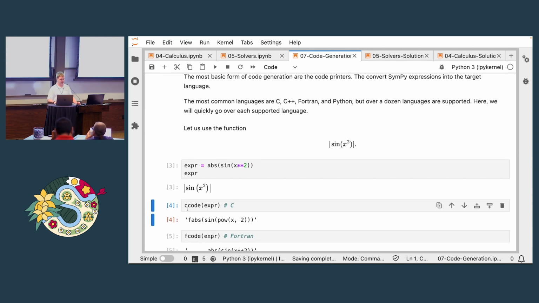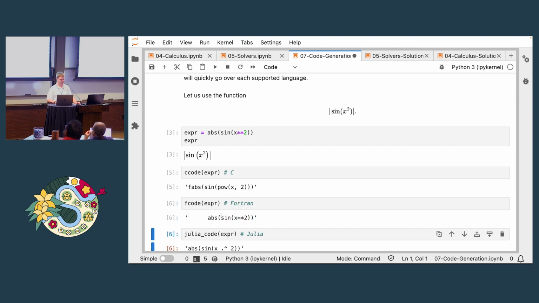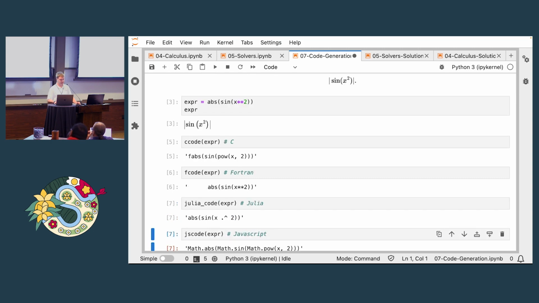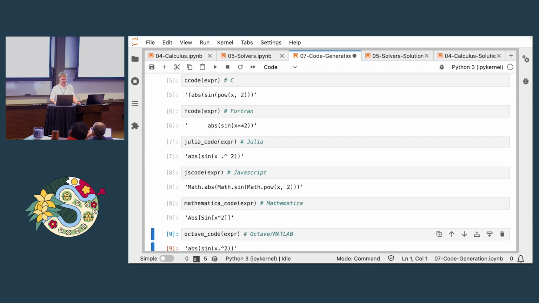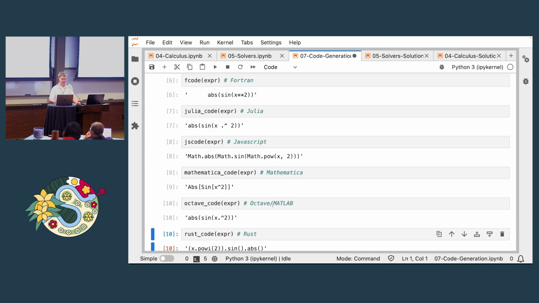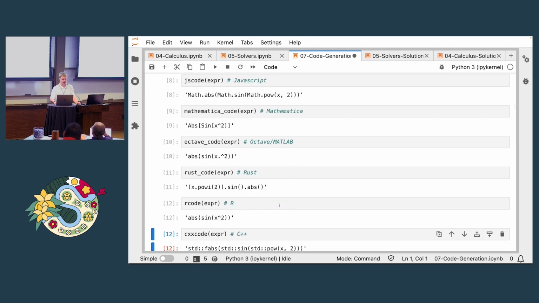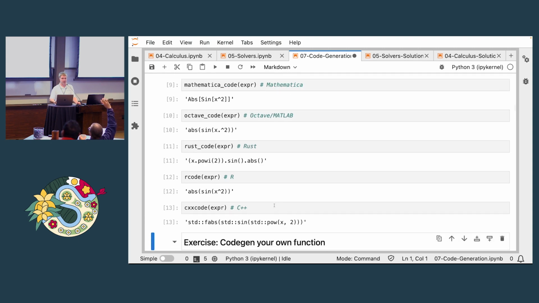C code will turn this expression into C. F code will turn it into Fortran. We've got Julia code, JS code for JavaScript, Mathematica code, Octave code, which is the same as MATLAB, Rust code, R code, CXX code for C++. Yes?